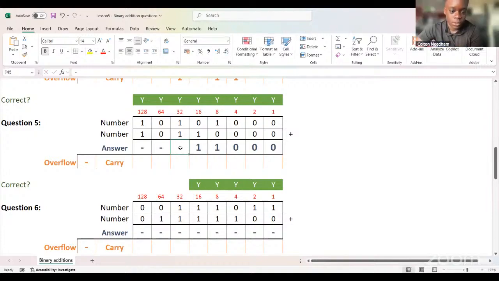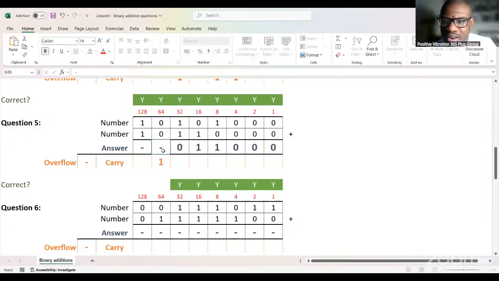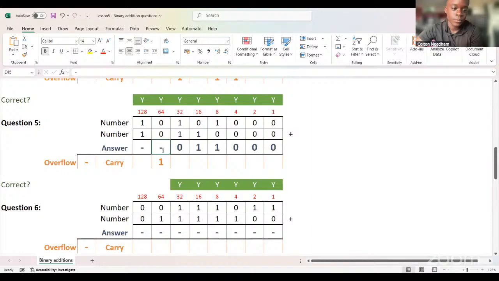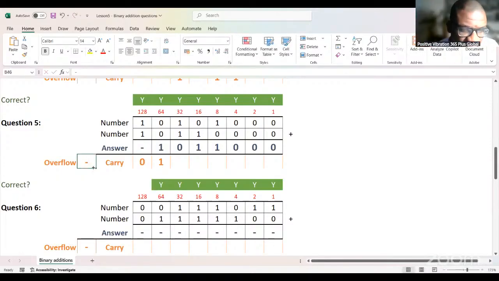Then it's 0, then carry 1. Ah, yeah. What about here? Then it's 1. Nice. And here. 0, and then put it 1 at the overflow. Very good. So we have an overflow. Whenever there's an overflow, we need to put it over on this side. Overflow is when we run out of space to put the 1. So we would need another column that's called 256.